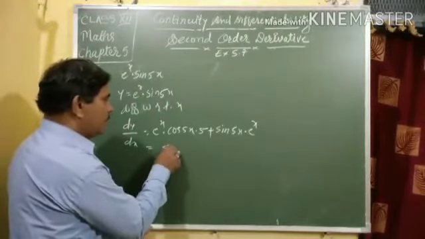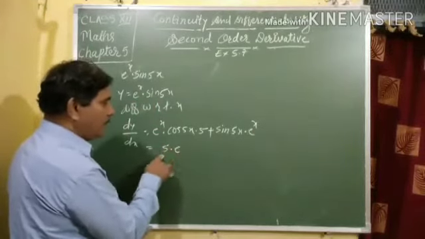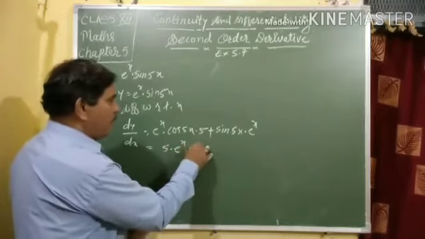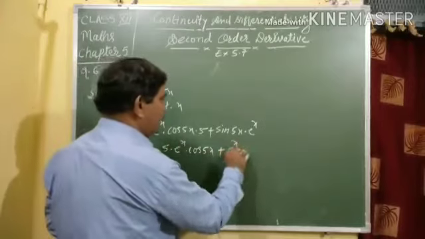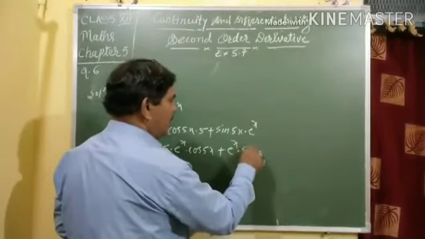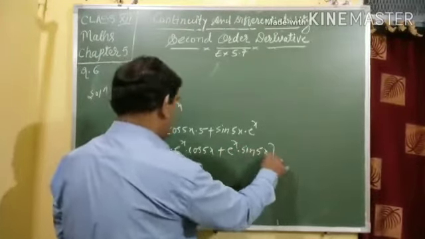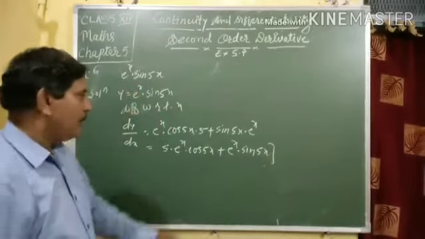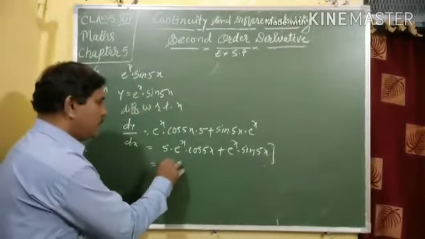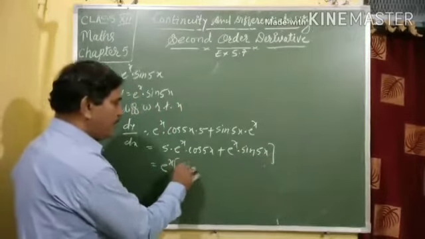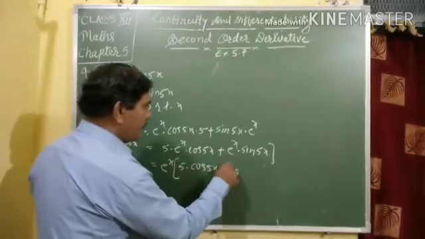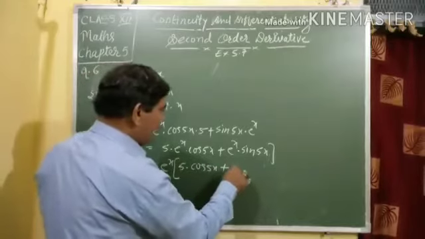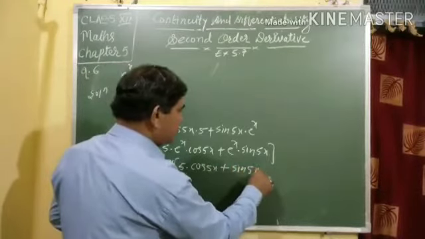Now this you have pi e to the power x into cos pi x plus e to the power x into sin pi x. So what will you take common? You can take common e to the power x. e to the power x is equal to, what will remain? pi into cos pi x plus sin pi x.